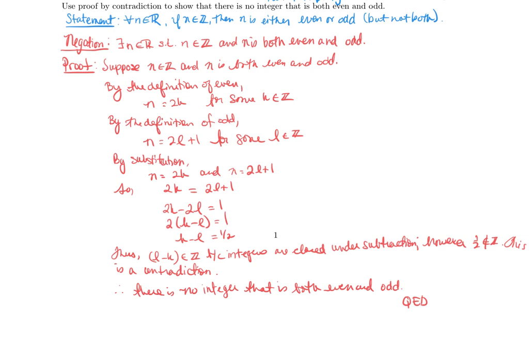I will say that a lot of these contradictions are showing that on one side you have an integer and on the other one you have a rational number that's not an integer. Or you have a number that's even and odd. Or something along those lines, you have a positive and a negative. Something along those lines are the kinds of contradictions you're going to be looking for.